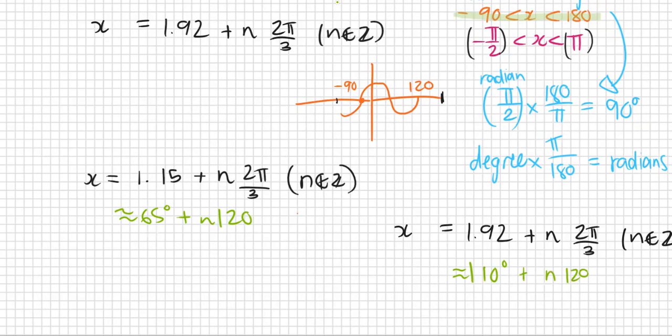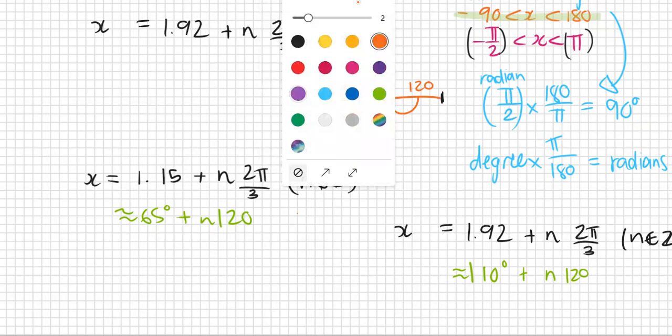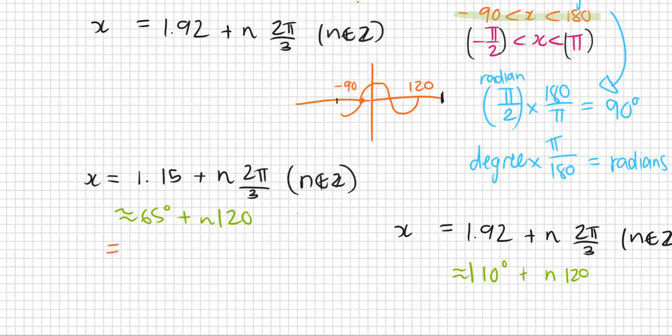So we have 65 plus n times 120. Let's take a look at 65. It is within the parameters because we're going from minus 90 to 180. So 65 is good. If we let n equal 0, we end up with 0 times 120.